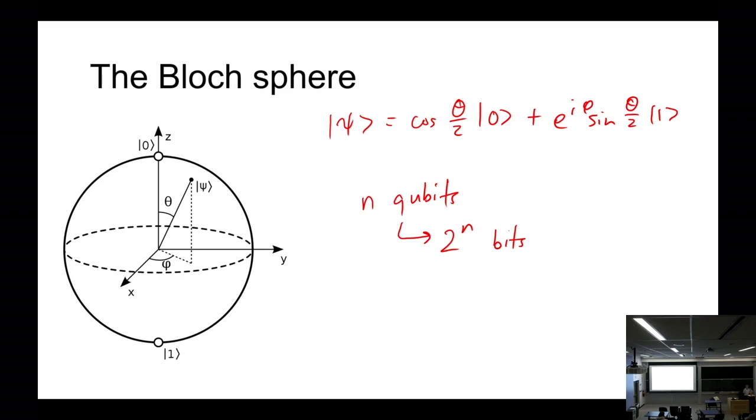Because let's think about 2 bits, 0 and 1. I can have 0, 0, I can have 0, 1, I can have 1, 0, or 1, 1. And 2 qubits could take on all of those values at once. So 1 qubit can take on the value of 2 bits, 2 qubits can take on a value of 4 bits, and in general, n qubits can take on the value of 2 to the n bits.